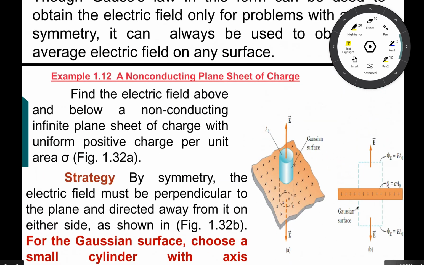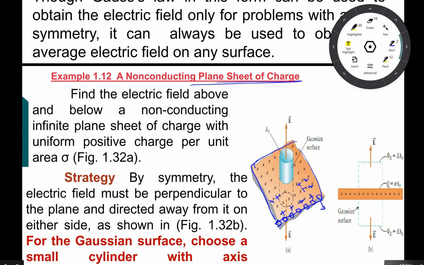So if I asked you to calculate the field around a plane sheet of charge, if we have a sheet like this, charged with positive charges, and I asked you to calculate the electric field around this sheet. The classical idea, as we said in the point charge scenario, is to divide this surface into small elements.